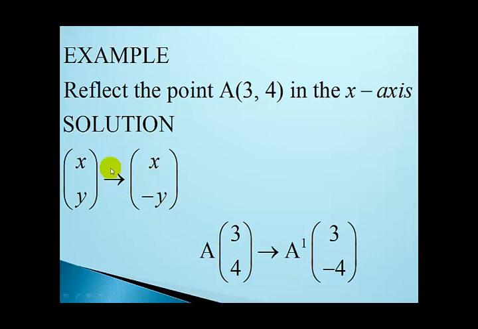That is, the x-coordinate remains the same, but the y-coordinate is negated. So 3 remains the same, but the y-coordinate 4 is negated, and that is how we have (3, minus 4). So A prime, the image of A(3, 4), is (3, minus 4).